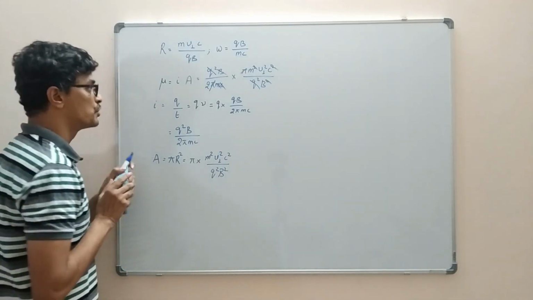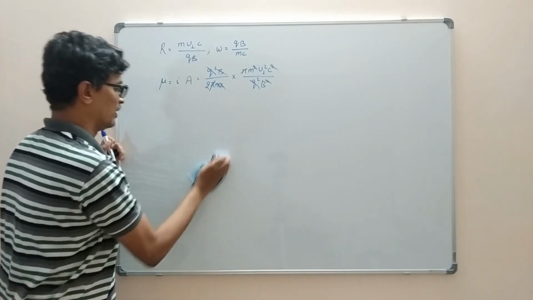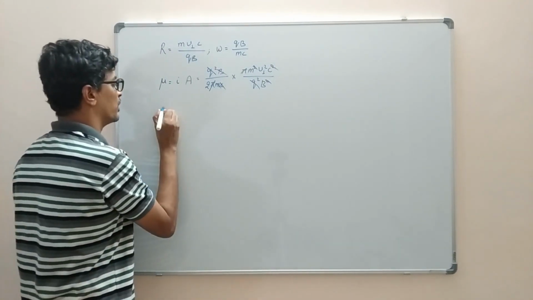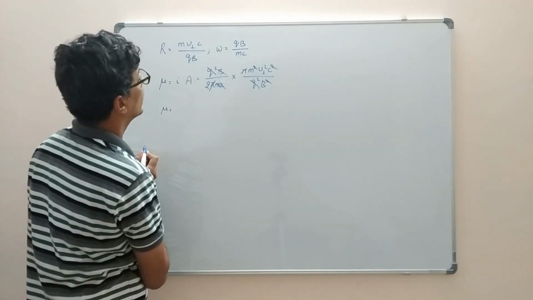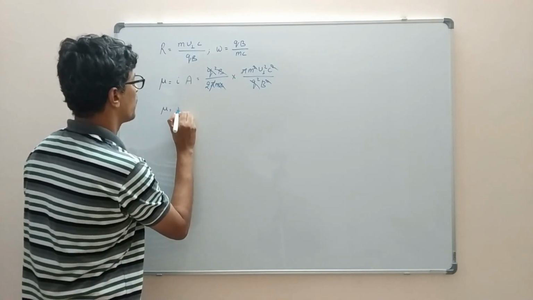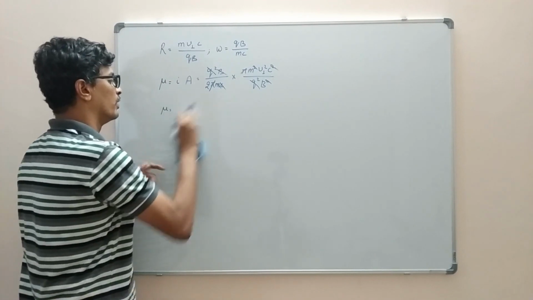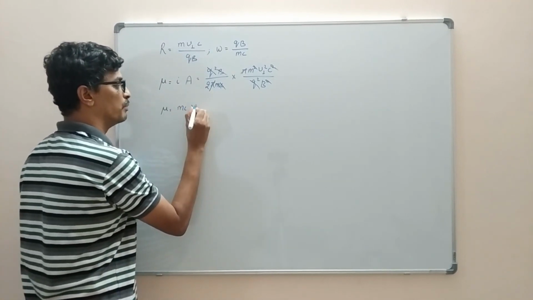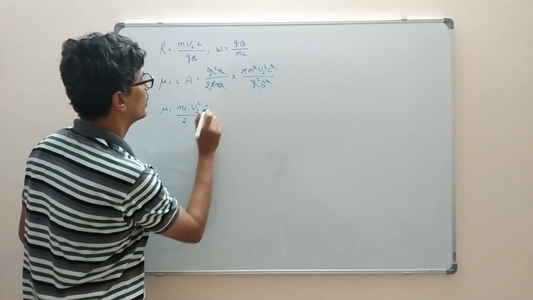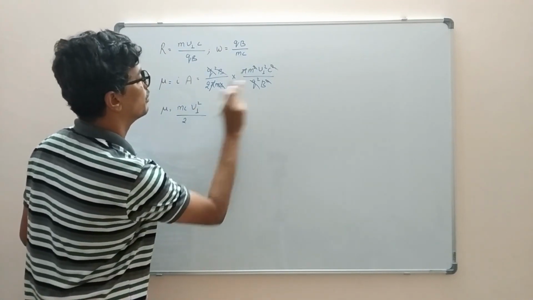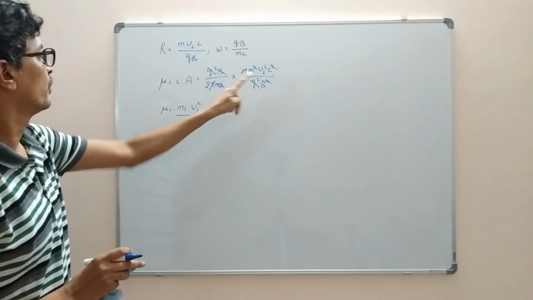So what is left over? The magnetic moment mu is equal to M V perp square or MC V perp square divided by 2 times, anything else left over? B. Yes. Fine. MC V perp square over 2B.